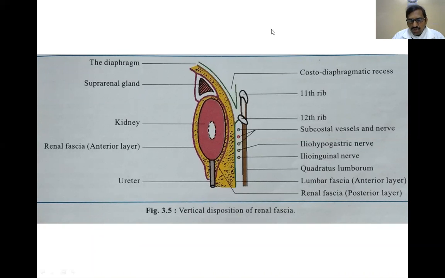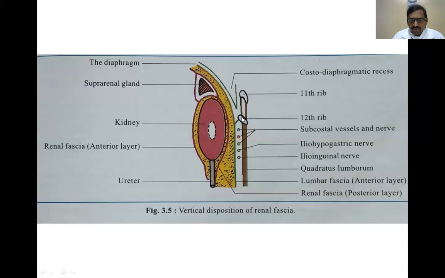Up to below the level of the 11th rib, there is extension of the pleural cavity. You see here, this is the pleural cavity, in the form of the costodiaphragmatic recess. If you give an incision at this level and damage this parietal pleura, it produces respiratory embarrassment, and the person may develop severe dyspnea and may die. Because of this, identification of the 12th rib is very important clinically and surgically.